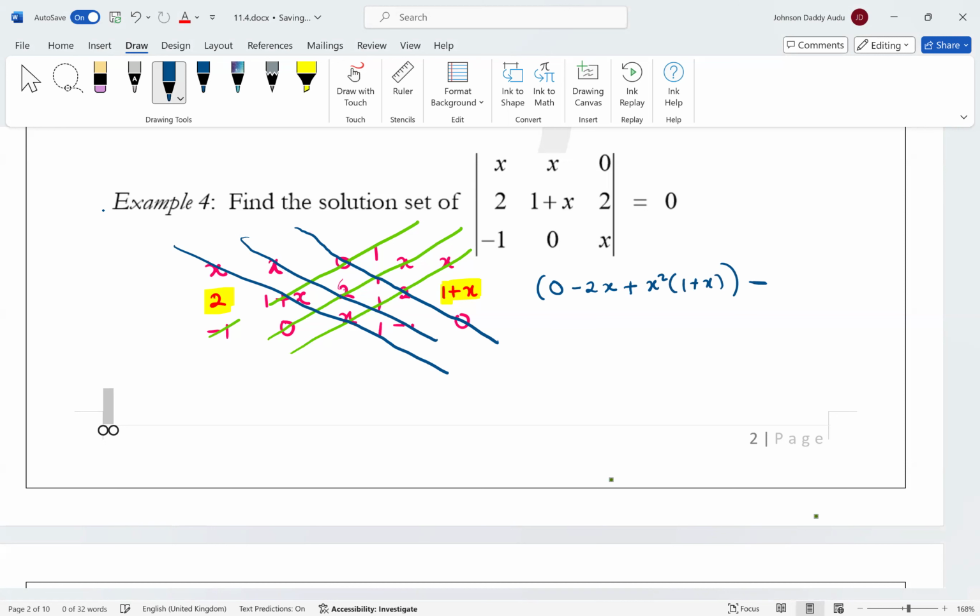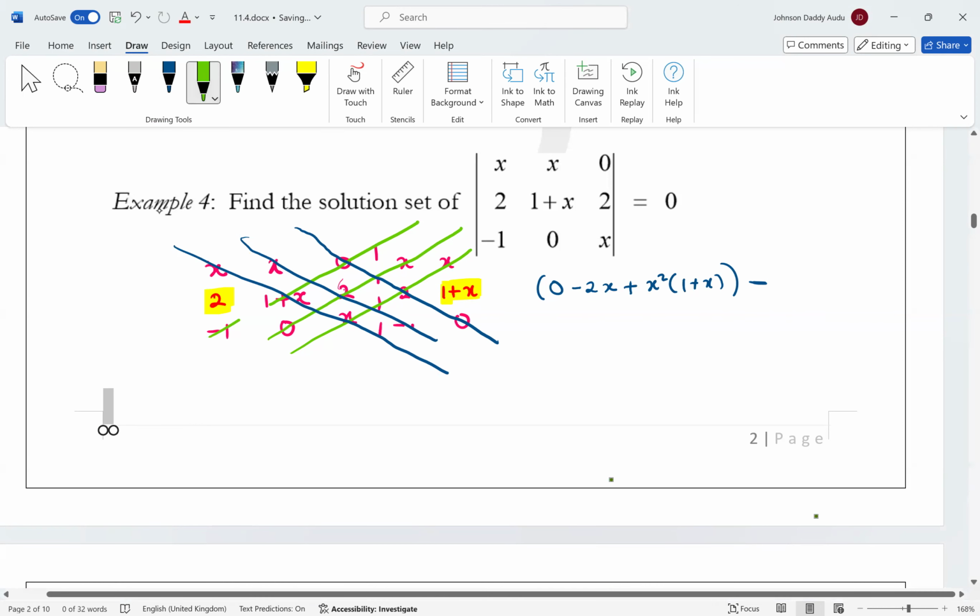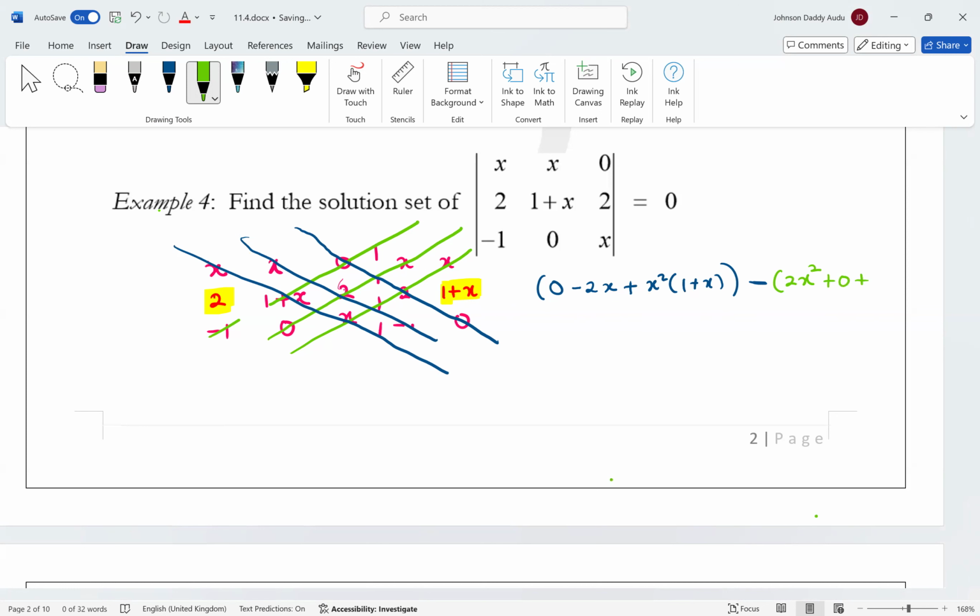Now we subtract from the minor diagonal. And which one is the minor diagonal? This will just be 2x in a way. You can start in anyone. This is 2x squared thing. Then plus 0 and also 0. So this is what we have.